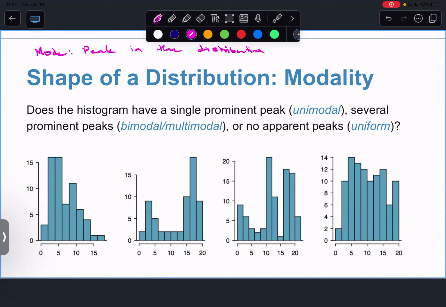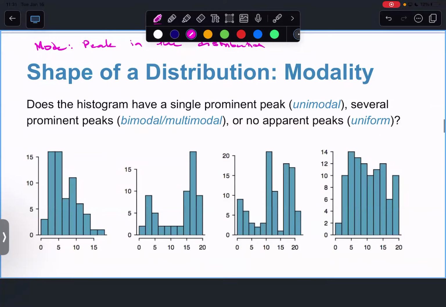When we talk about the shape of a distribution, we're going to talk about the modality, which is how many peaks I have. Most of the time, we're going to be talking about a unimodal distribution, uni meaning one, so there's a single prominent peak. That's going to be your most common one.